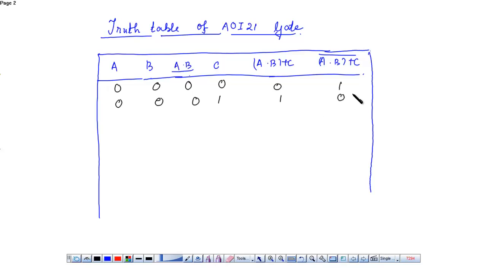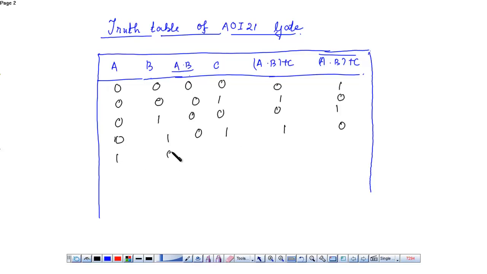So the invert will be 0. Then for 0, 1, 0 the output is 1, and for 0, 1, 1 the output is 0.